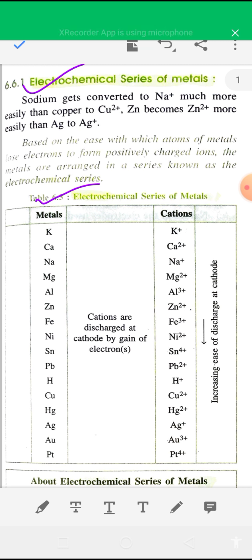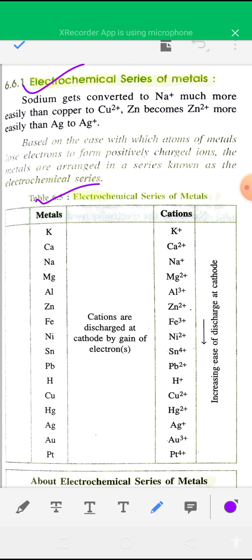Generally, a metal can lose one or more electrons, and therefore it can form a metal cation easily. In this electrochemical series of metals, you can see some metals like potassium, calcium, sodium, magnesium. These metals are placed at the top of this series, and their metal cations are also placed at the top of this series.